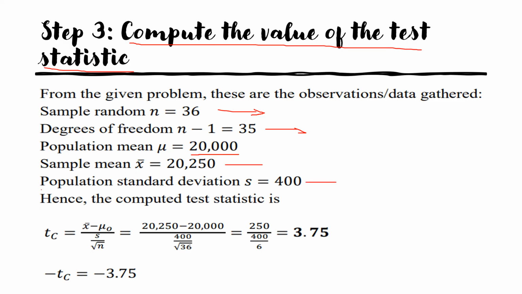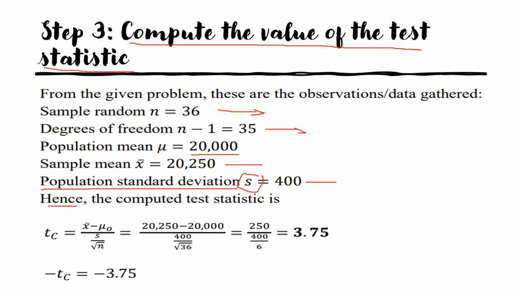Now, we use the population standard deviation here, but your symbol is s, because if there is no given value for your population standard deviation, we simply use the sample standard deviation as a replacement for the value of your population standard deviation.